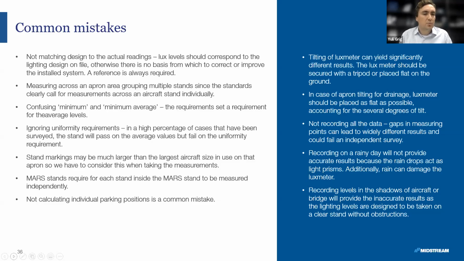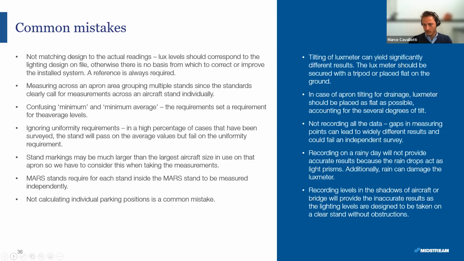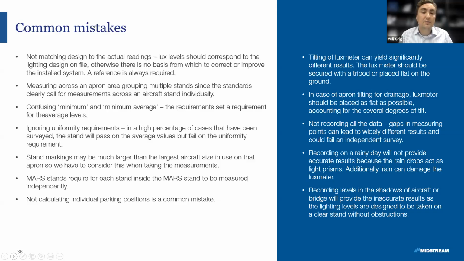So we don't need to do the lighting design or measure on 120 meters in length. What we do need to do is measure it on the largest aircraft size that it can receive. So a 777 will be a code E from memory, and we then apply code E markings or virtual markings and measure it according to that. So you mustn't take the largest markings at all.